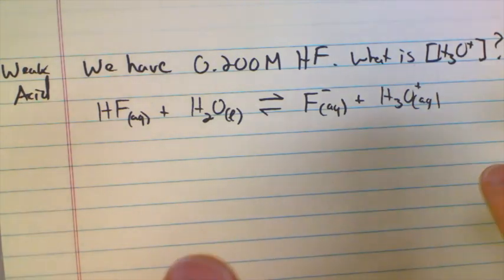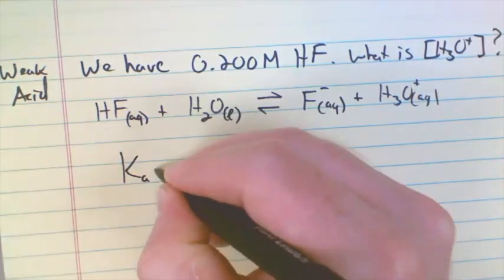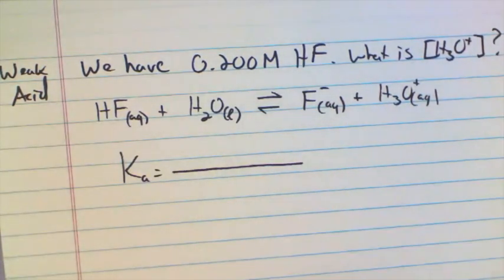So these are truly ones at equilibrium here. So these ones we do have to set up an equilibrium expression. Let's do that. We'll call it Ka because it's an acid. The A is for acid. What's going to go on top?